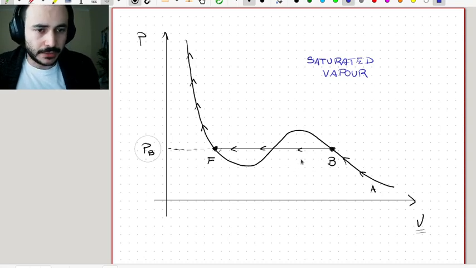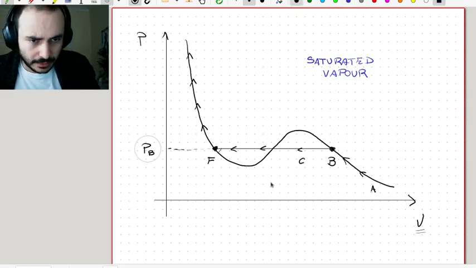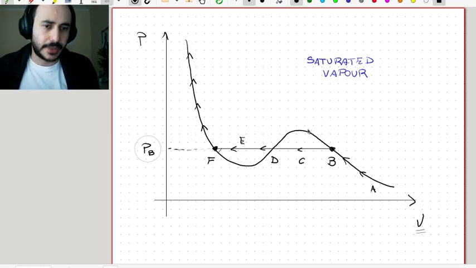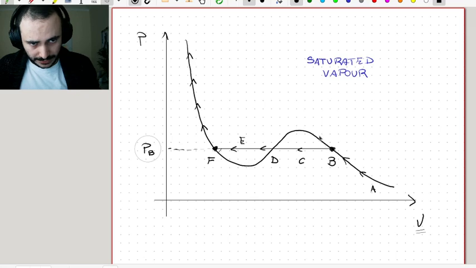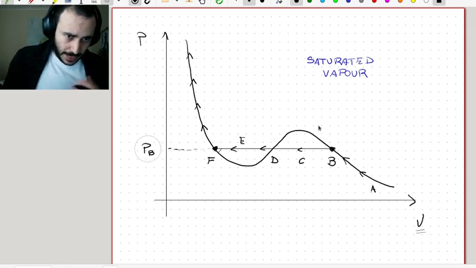I'm going to then use also the same notation I use in the lecture notes. So here I'm calling this point, just for reference later, I'm calling it C. This point I call it D. This is E. Well, I will put the E here. And as I was saying before, these states here, so states which have a pressure larger than the saturation pressure, are actually not forbidden.